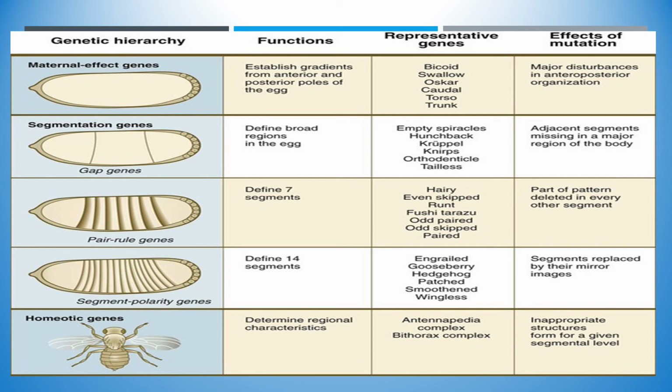Then these are the gap genes. The role of the gap genes is that they mark the gap between the segments, or they delete some extra body segments if they appear in the body, and if any mutation occurs in these genes, then certainly deformity will appear during the development of Drosophila.